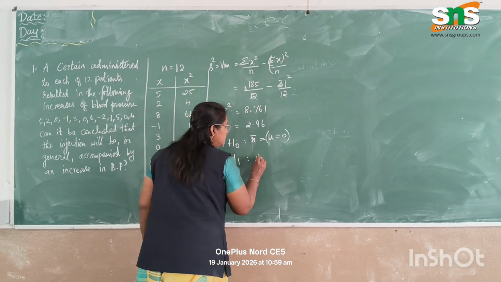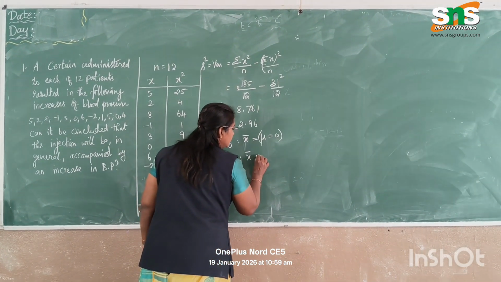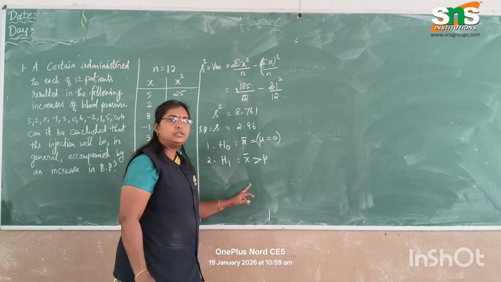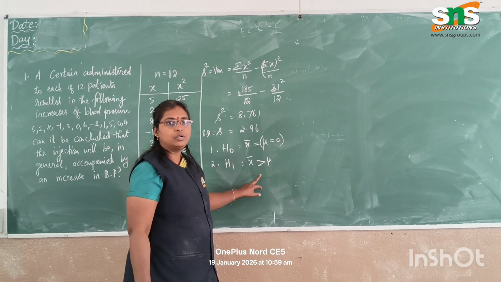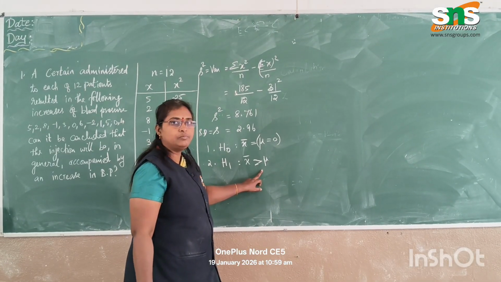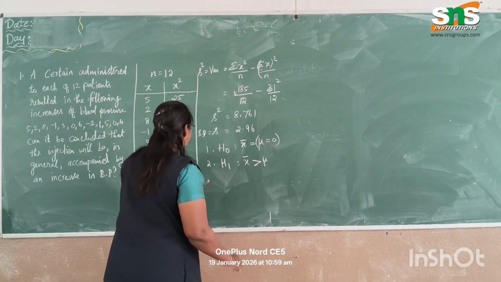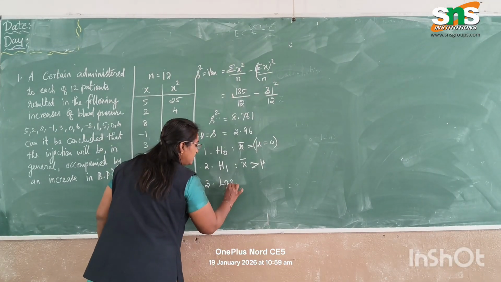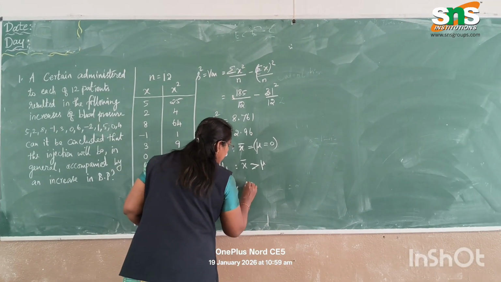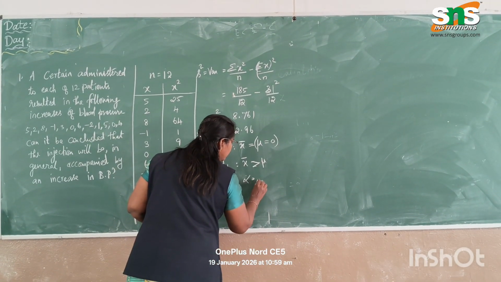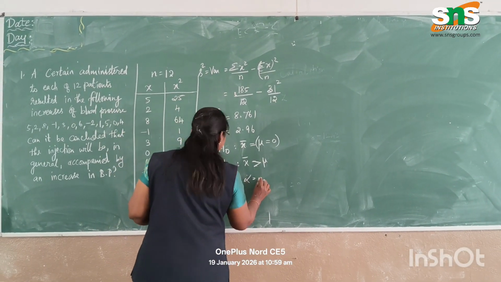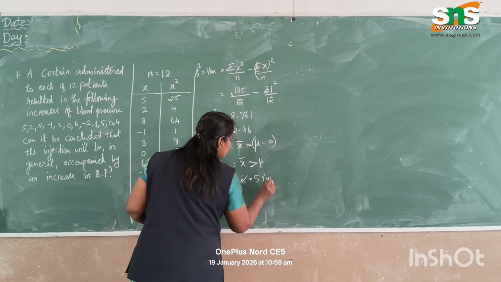H1, that is x bar is greater than mu. That is, we check whether there is an increased value or not. After this, we define the level of significance, alpha equal to 5%. It is not given in the sum, so we choose 5% level.